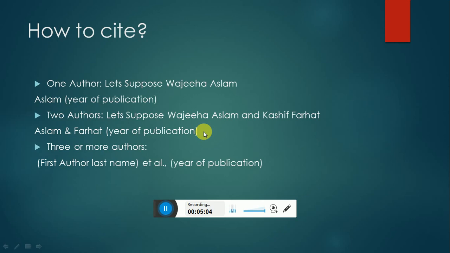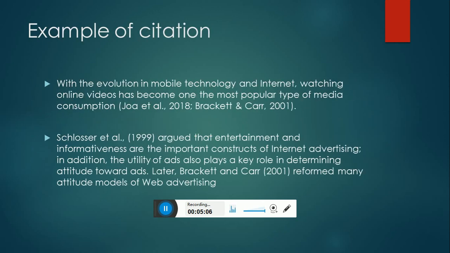Again, if you are using this citation at the end of the statement, then you have to use the and symbol, and if you are using this citation at the start of the statement, then you have to use the word and and just place the publication year in the bracket. But if you want to place this at the end of the statement, then you have to write like this: Aslam and Farhat, comma, 2001.